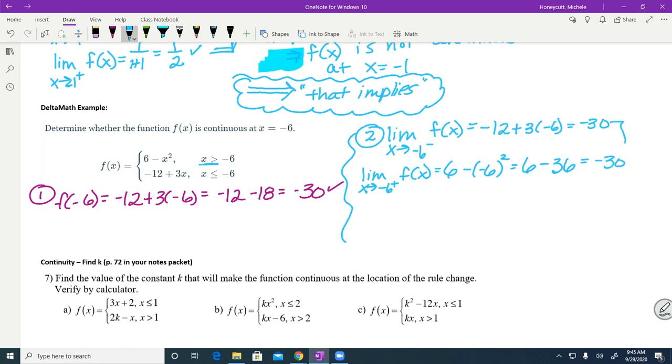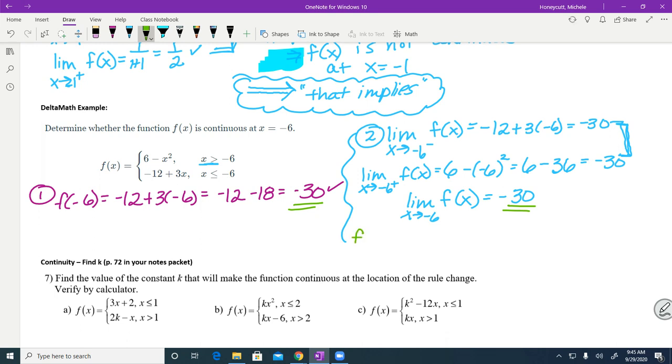Oh, look, these are the same. So since those two are the same, then I can say that the general limit, or the limit as x approaches negative 6 from the left and right, is negative 30. Whew, now we can make it to condition 3. Condition 3, is this number the same as that number? Yes.